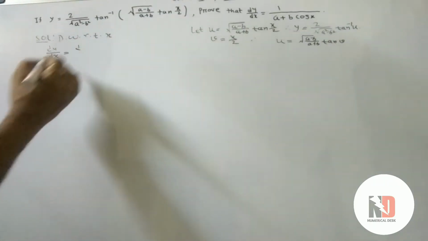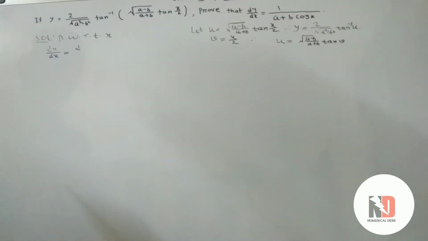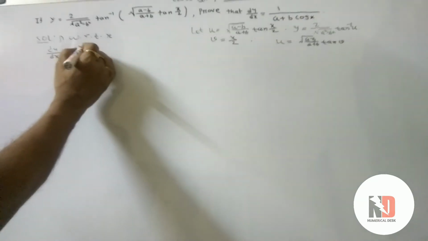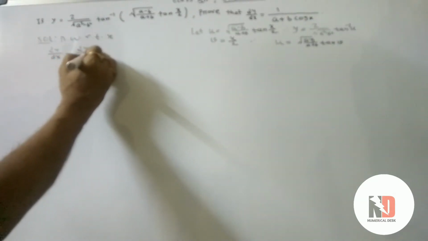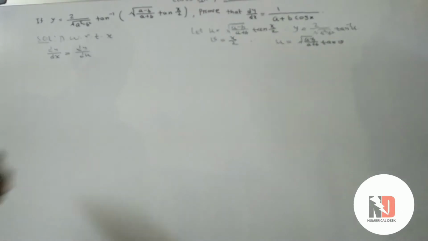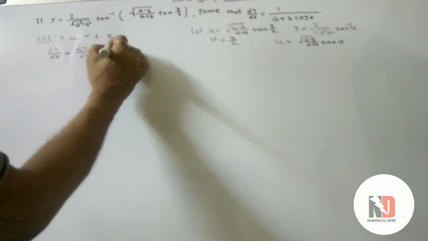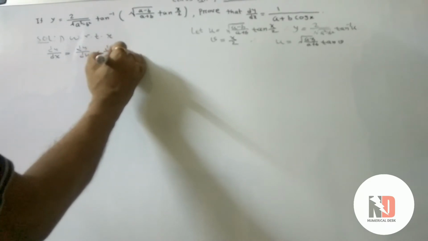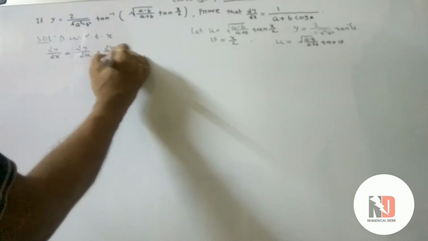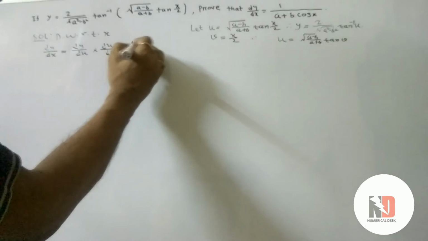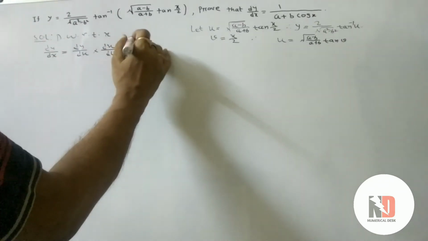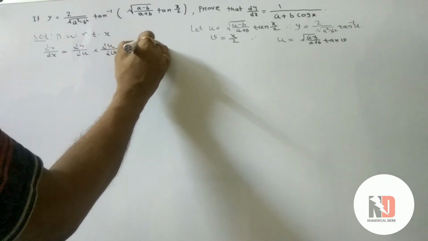Actually we must write down the chain very carefully. dy by dx equal to dy by du into du by dv, again into dv by dx.